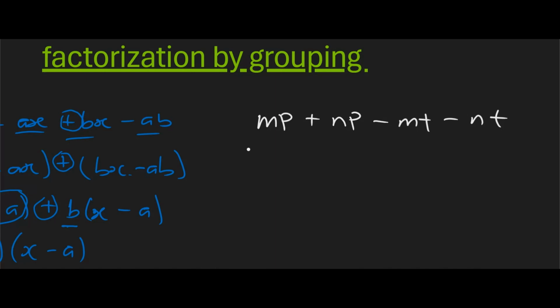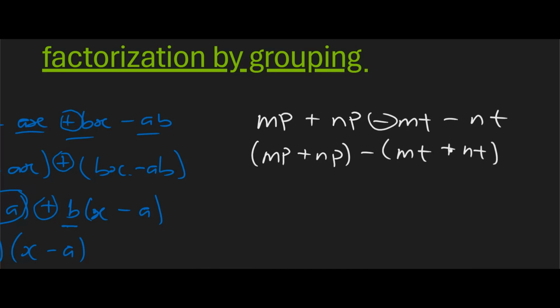So I have to group the first two terms in one bracket, mp plus np, minus, this guy, minus mt. Since we've introduced the bracket here, the sign here should be reversed. So that's going to be plus nt.